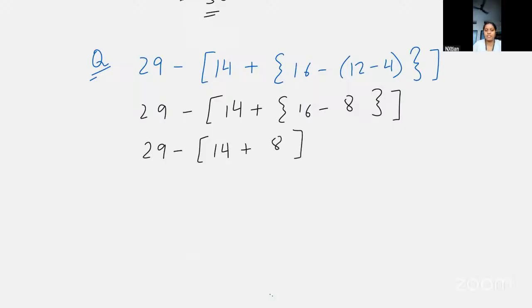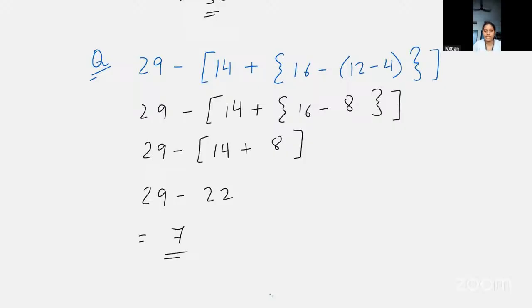Close the square bracket. Now I will solve the square bracket. 29 minus 14 plus 8. 14 plus 8, how much? 22. Now I will do 29 minus 22. 7.